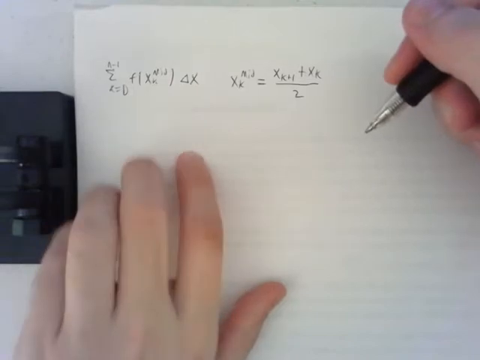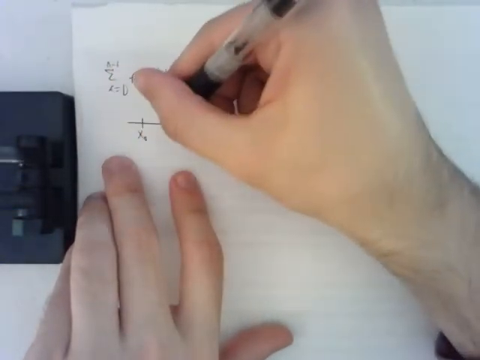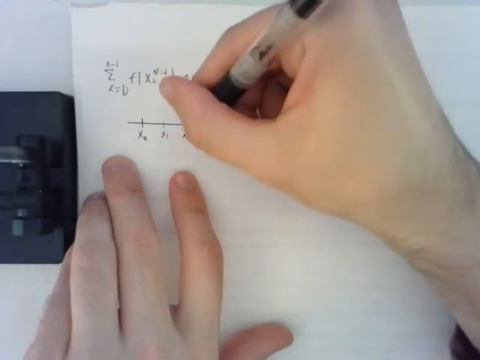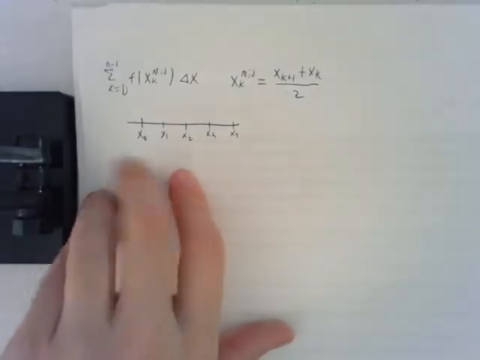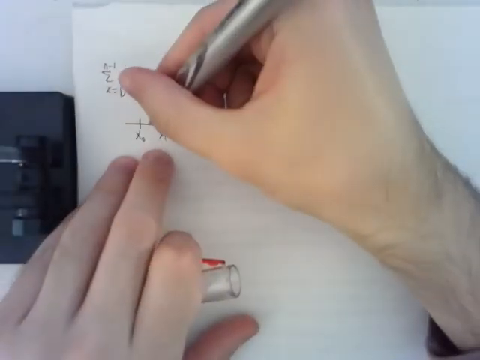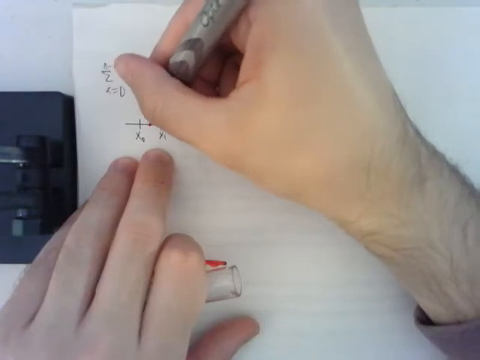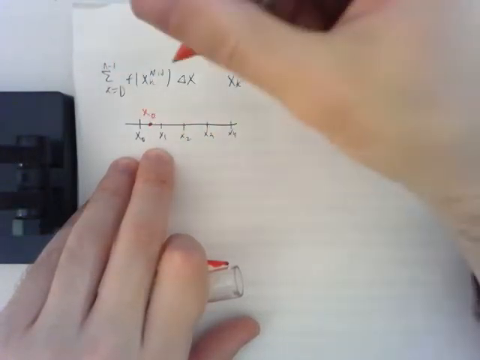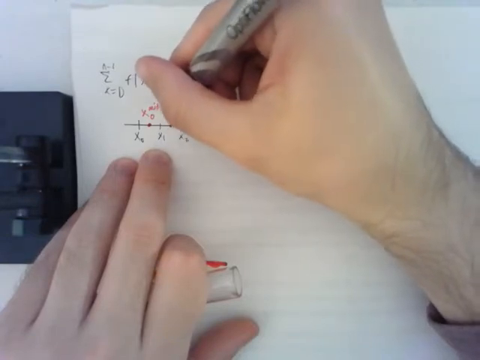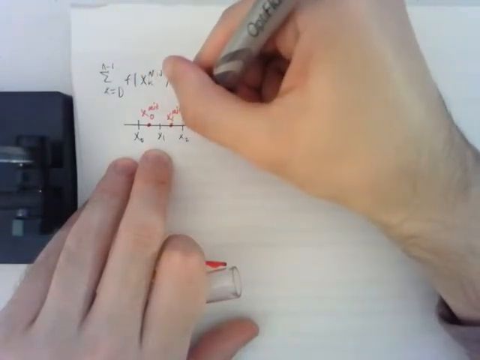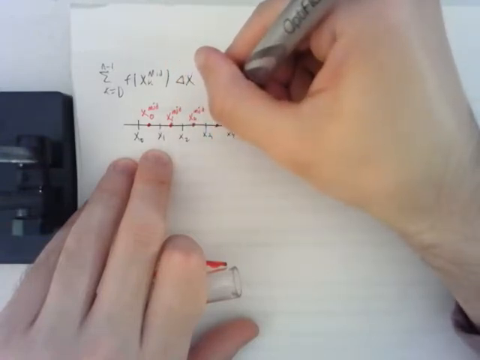So the picture is that we have x0, x1, x2, x3, and so on. And our midpoints, this formula, will give us, this would be x0 mid, this would be x1 mid, this would be x2 mid, x3 mid, and so on.